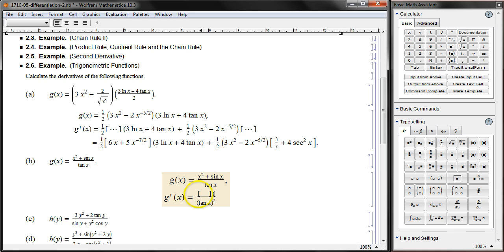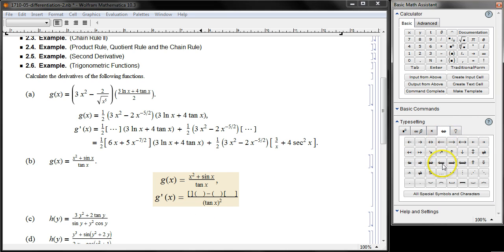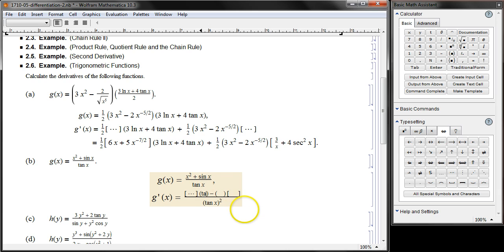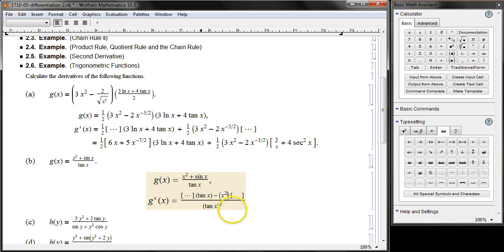And then we have u prime v minus u v prime. That is the structure of the quotient rule. The derivative of the denominator, which we will fill in a little bit later, and then this denominator we just copy, and then the numerator we just copy, and then we have to work out the derivative of the denominator a little bit later in a separate line.